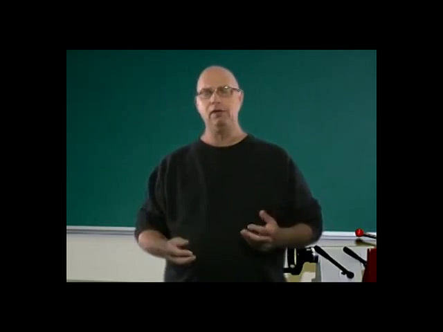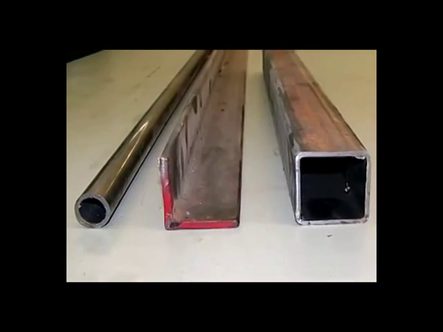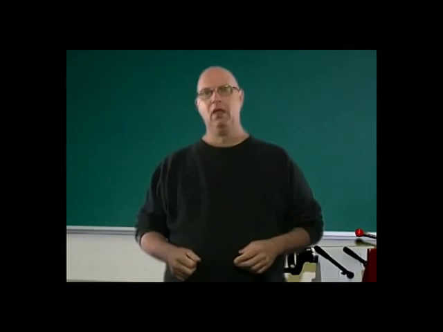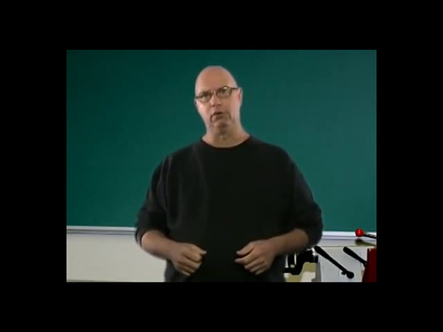The plain mild carbon steels are available in structural bars such as H-beams, I-beams, C-channels, and so on. They are also available in bar stock, round, square, hexagonal, and so on, either hot rolled or cold rolled.